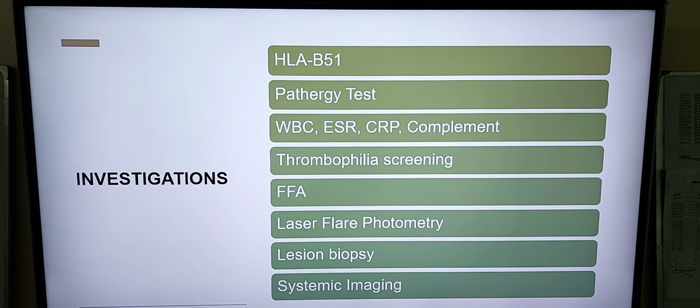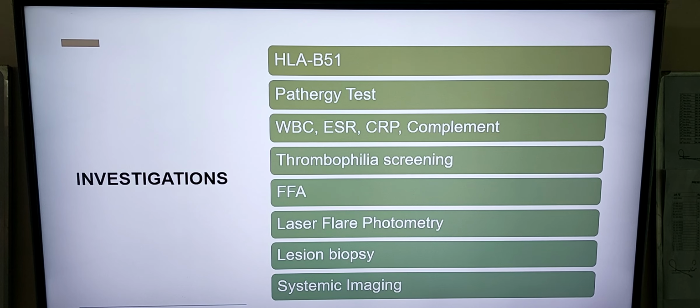Then there is the pathergy test. It is a very common test that gives 95% specific results. A 23 gauge needle is obliquely inserted into the skin, and there is a pustular reaction that is seen 24 to 48 hours later. Then the white blood cell counts, ESR, CRP, complement levels can be raised.